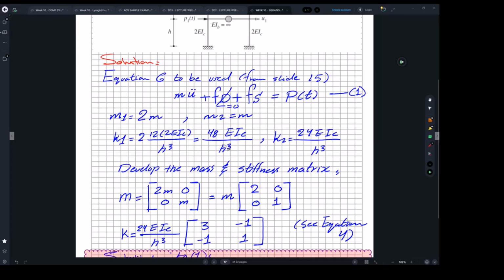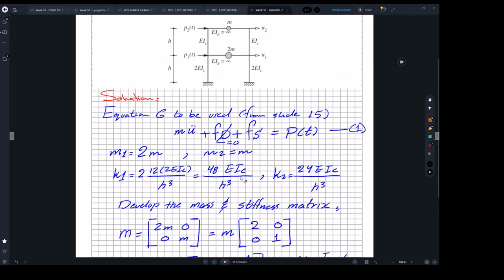48. Basically it's 12, and it's already 2 EI, so it's 48, but at the second floor it's only 24. So it's originally 12 Young's modulus times inertia over the height cubed.